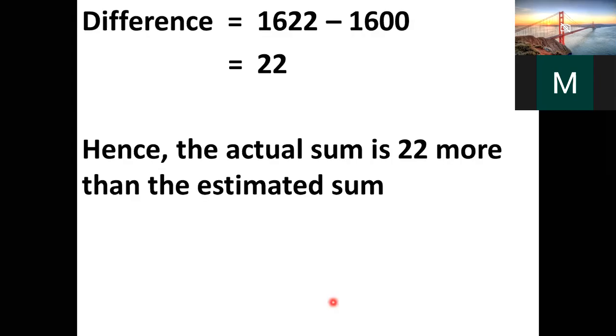Comparing means finding the difference. The actual sum 1622 minus the estimated sum 1600. How much more? 22. Very good. Hence the actual sum is 22 more than the estimated sum.